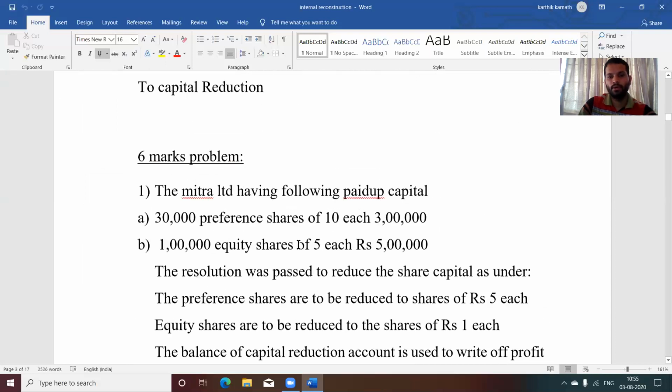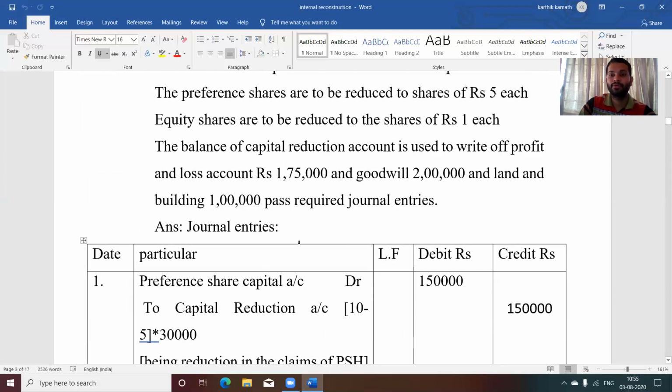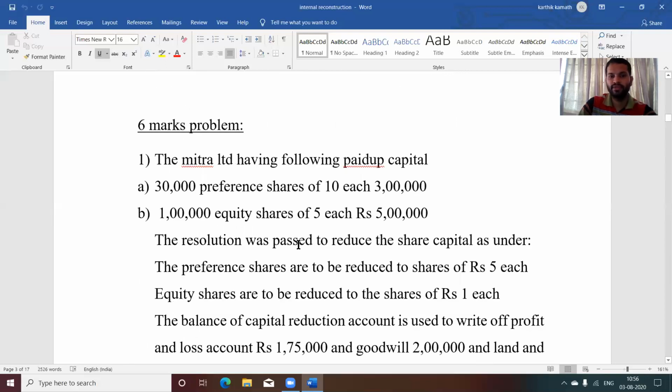I have already discussed this, that journal entries for reduction in the shares of any kind of shareholder, capital reduction account is credited. So preference share capital account debit to capital reduction account. So if you see, preference share capital is 30,000 preference shares of 10 each, that is 3 lakh. The number of preference shares is 30,000.